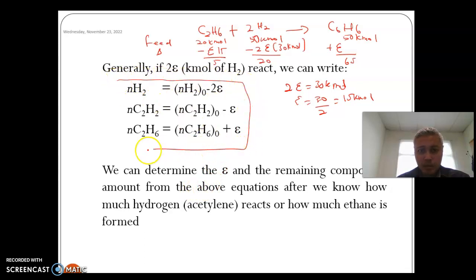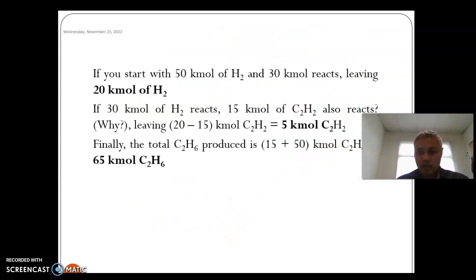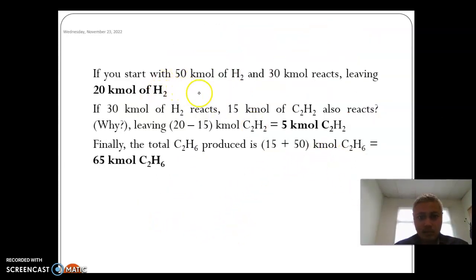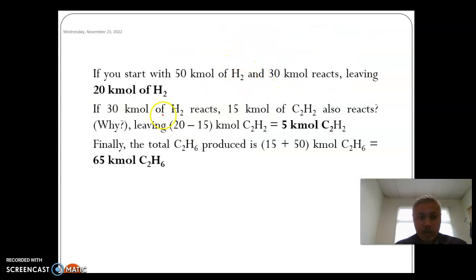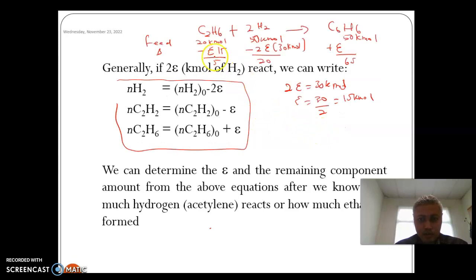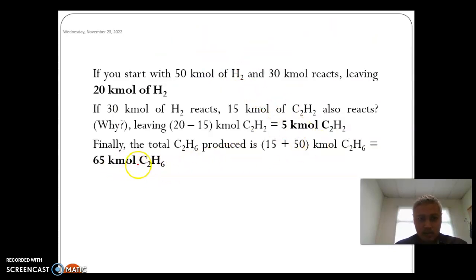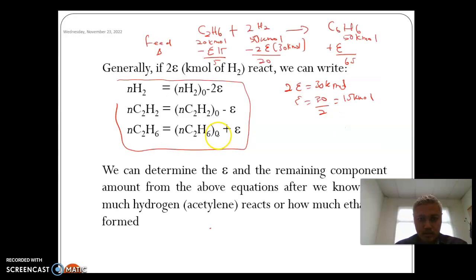To summarize what we are doing here, if you go to the solution, we have the answer: the number of moles of hydrogen leaving the reactor is 20 kilomole of H2, as we calculated just now, and then 5 kilomole of C2H2, and 65 kilomole of C2H6.